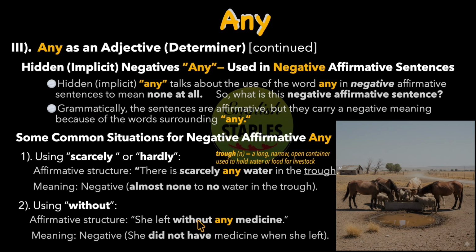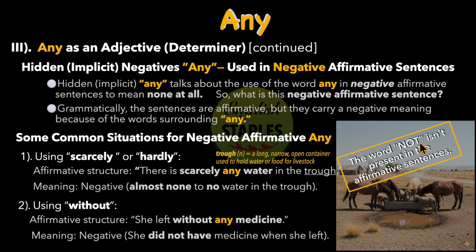So without, this word without, it gives negative meaning when it's coupled with any, meaning did not have medicine. Do you see this? So the word not isn't present in the affirmative sentences, but because of certain words, they have that negative tone.